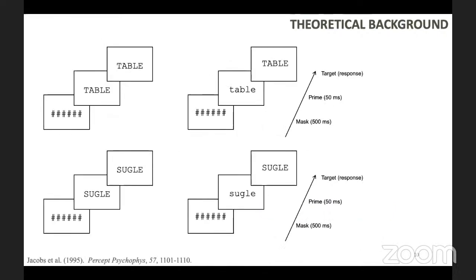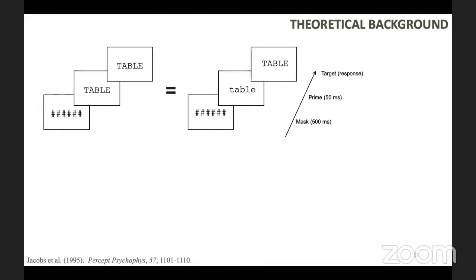Thus, in order to tap the nature of the abstract letter detectors, Jacobs and others conducted a masked priming experiment in which the primes were presented in matched or unmatched case with the target. Importantly, they found that lexical decision times to a word like table were similar, regardless of whether it was briefly preceded by a masked match-case identity prime or a masked mismatch-case identity prime.